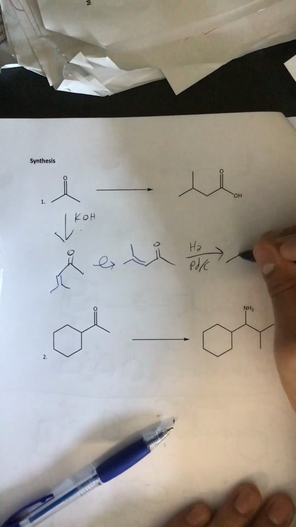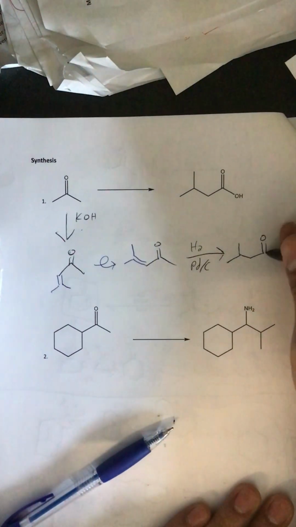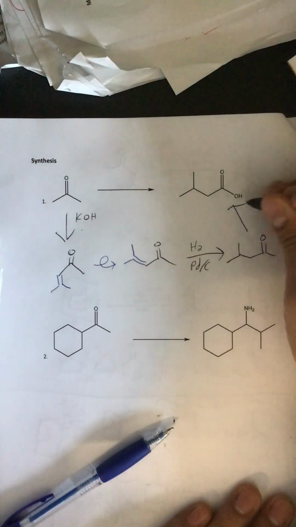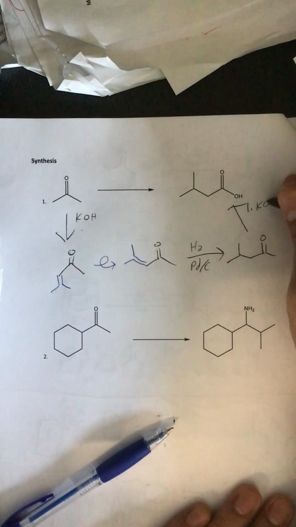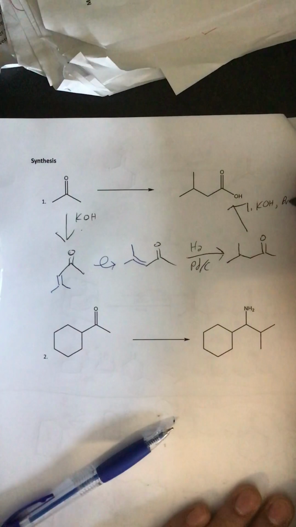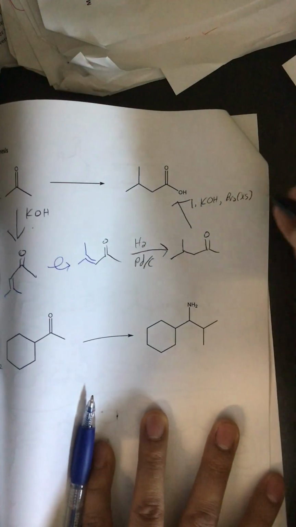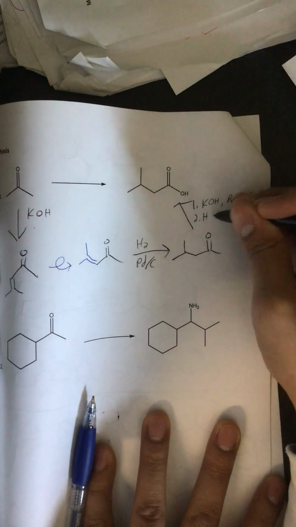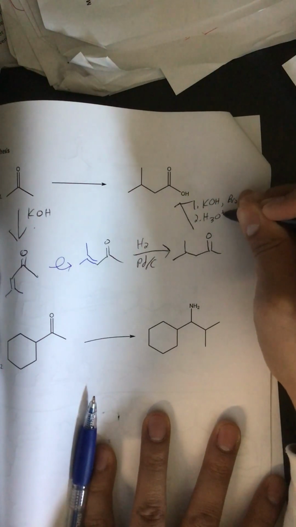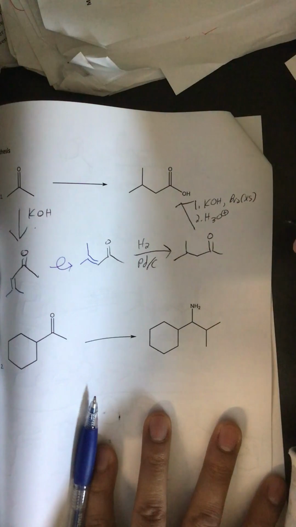And I'm going to make this all one color because it'll be easier. And then finally, I can get here in 2 steps, which is KOH, excess Br2, and then second, some sort of protonation there. Protonate again, and I'll get there.